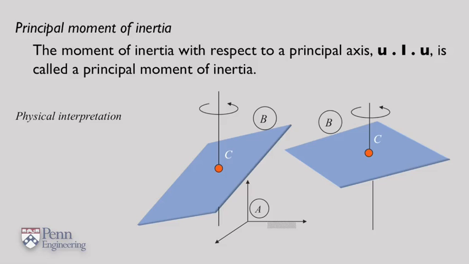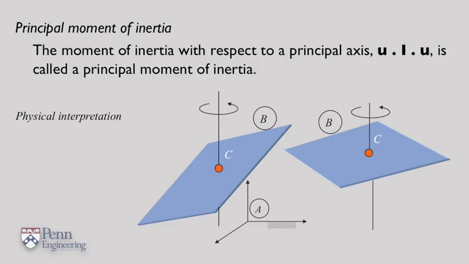Here's a simple example that illustrates what the moments of inertia tell you. So in this cartoon, you have a rigid frame A, you have a parallel plate that's spinning about a vertical axis, but there are two different configurations. On the right side, the axis is perpendicular to the plate. In fact, this configuration is symmetric.